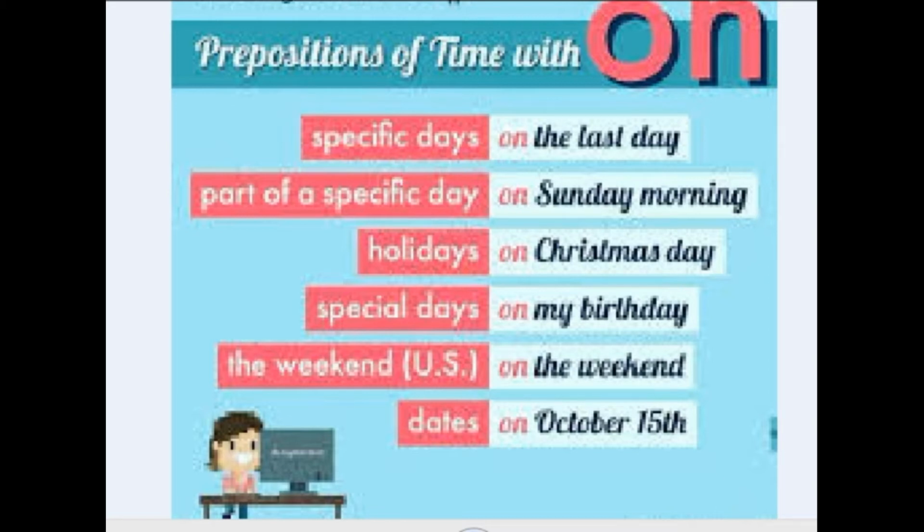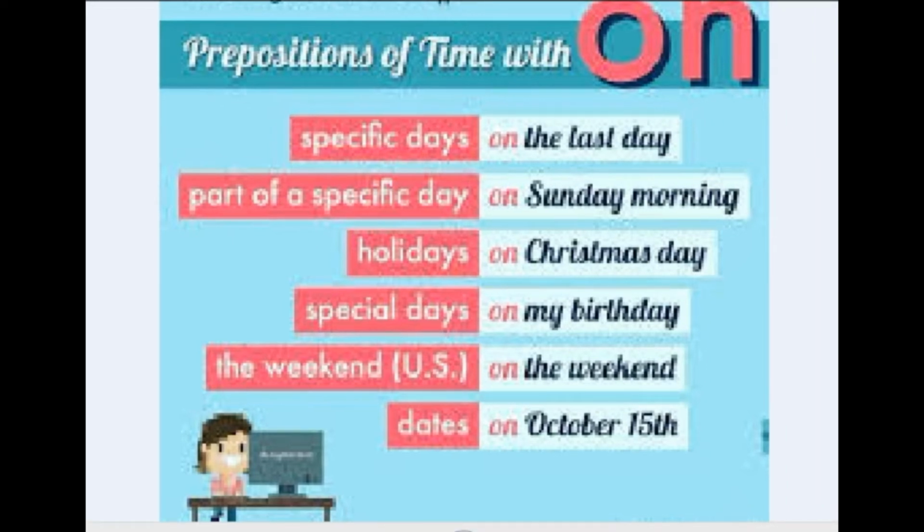Weekend, in the US, you say on the weekend, right? And dates, on October 15th, when we have the complete date, month and day and year, or month and day, right? Remember that in British English you say at the weekend, but in American we say on the weekend, right?